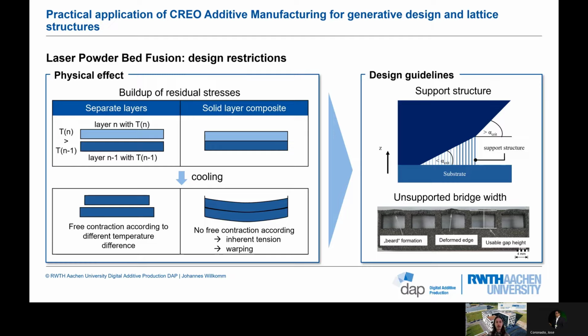To avoid this, we can use lattice or support structures to counteract the stresses and to dissipate the heat during the process. After the process, we have to remove these support structures.